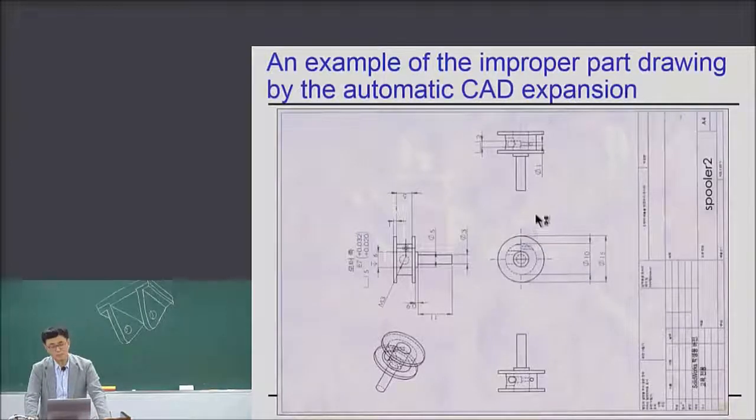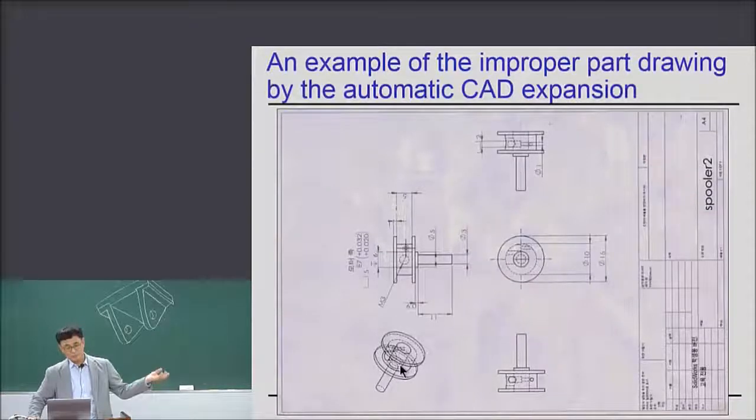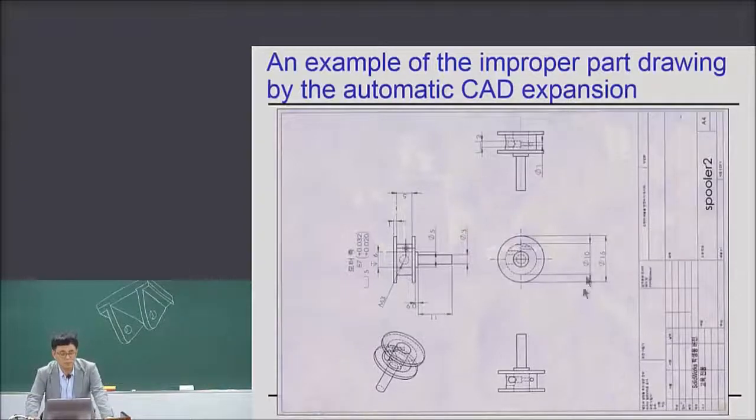Then I was disappointed. You see, this part drawing was made by the automatic CAD expansion. So maybe that graduate student generated the 3D shape first, and by using the automatic CAD expansion, he made the part drawing like this.